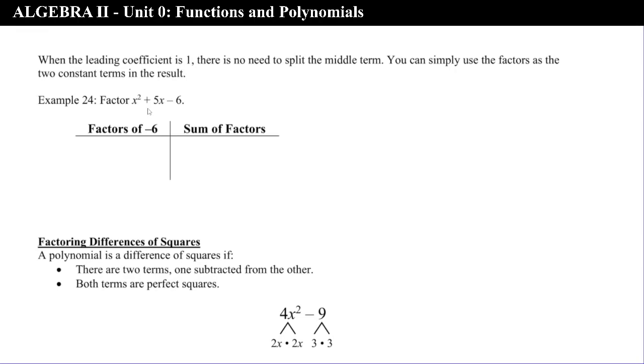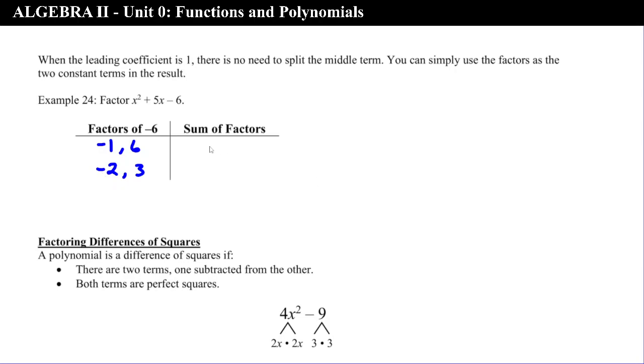Okay? So let's first of all look at what the factors of 6 are. Okay? We have 1 and 6, and we have 2 and 3. Okay? Well, the middle number being positive tells us the bigger number is going to be the positive number, which means our smaller number has to be negative. Okay, now we're going to look at these factors and see which one adds up to give us 5.